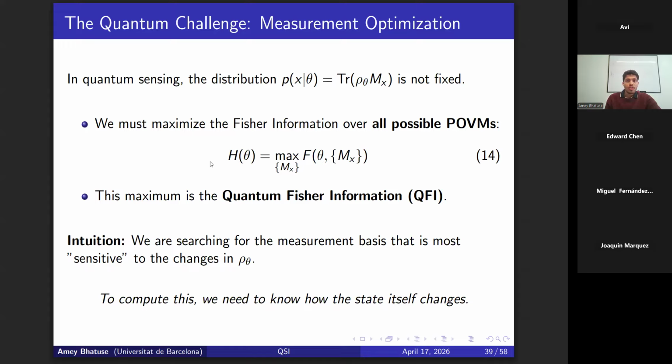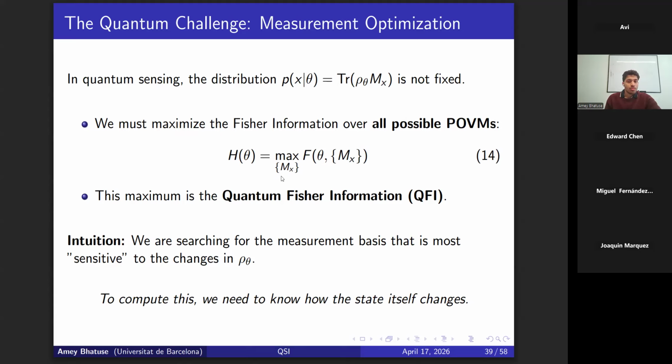So here we are trying to maximize the Fisher information over all possible measurement sets. This new quantity, the maximized Fisher information, is called the quantum Fisher information.